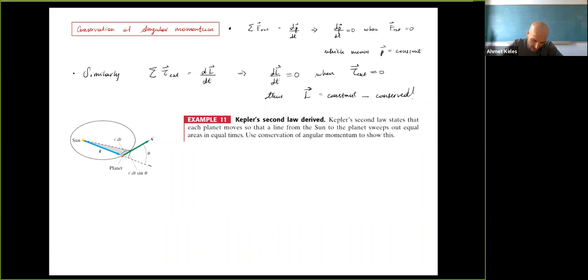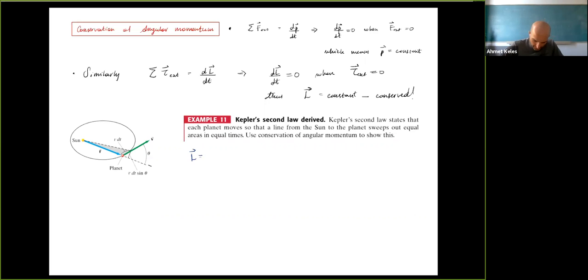Let me read the question. Kepler's second law states that each planet moves so that the line from the sun to the planet sweeps out equal areas in equal times. So using conservation of angular momentum, show this. Let's first say what the angular momentum is.